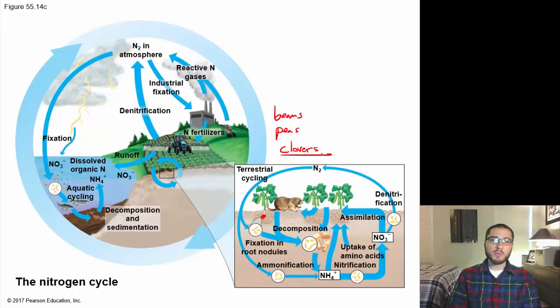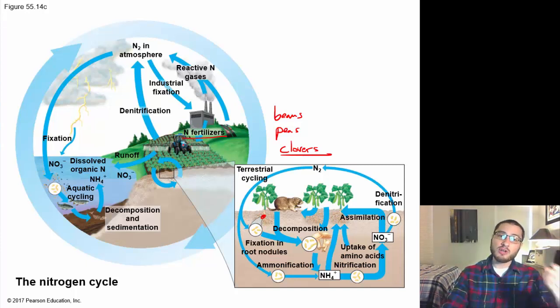Where we see an issue is that we often add nitrogen to areas, because we want the plants and crops that we plant to do well. So we add nitrogen fertilizers to that soil. Well, that soil eventually is going to have runoff, adding nitrogen to our aquatic environments, and that throws off that ecosystem.